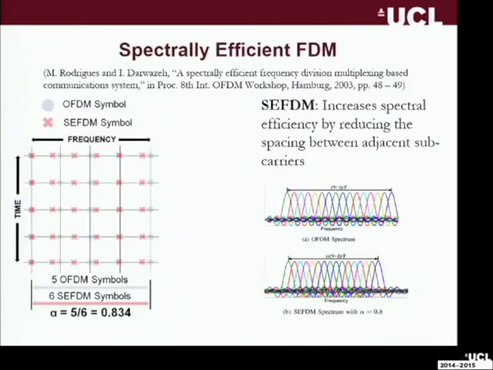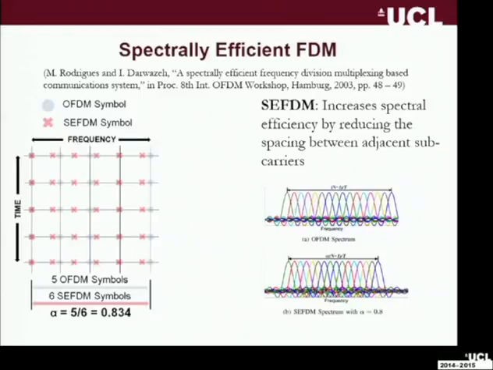So, what is SEFDM? Well, essentially, if you understand OFDM, then SEFDM is basically a compressed version of OFDM. So we have the same number of carriers, but we bring them closer together. On the time frequency axis, what we're trying to do is fit more symbols within the same bandwidth as you would have in an OFDM system.